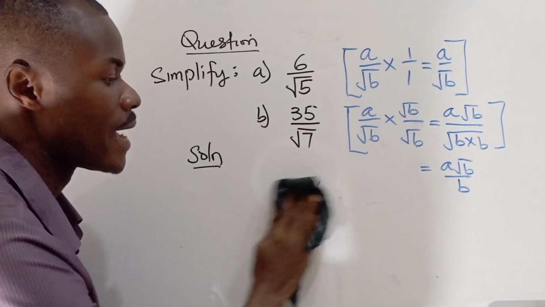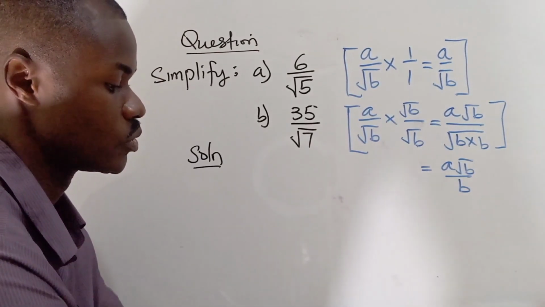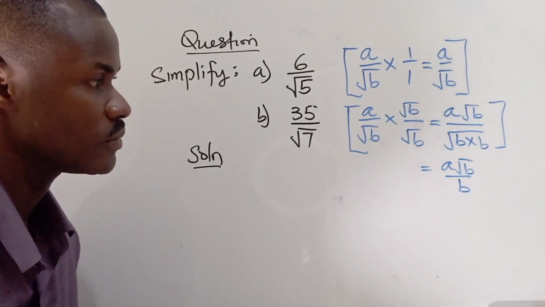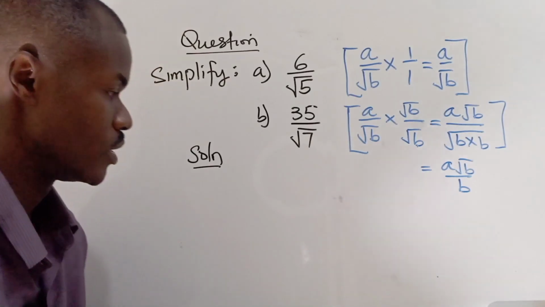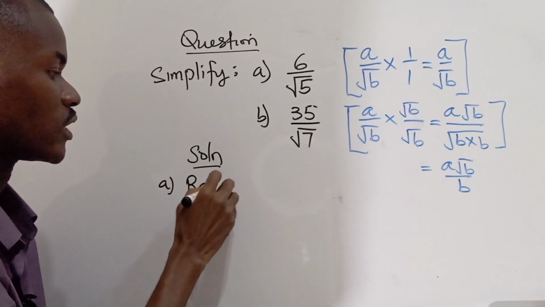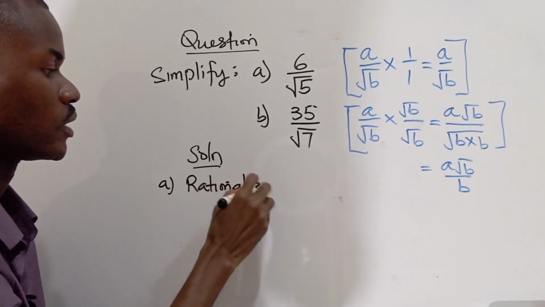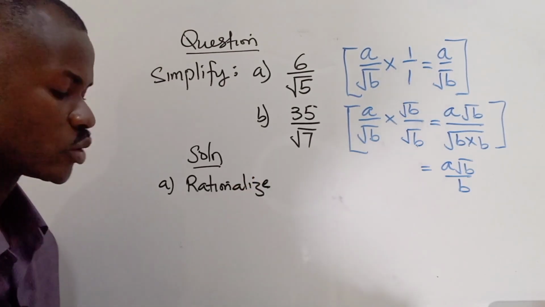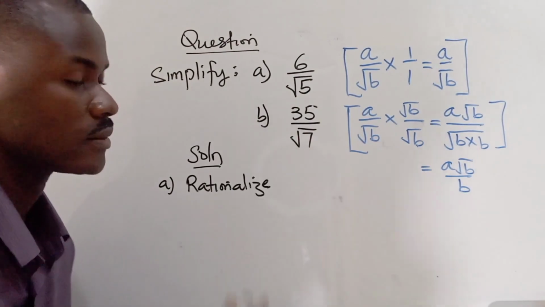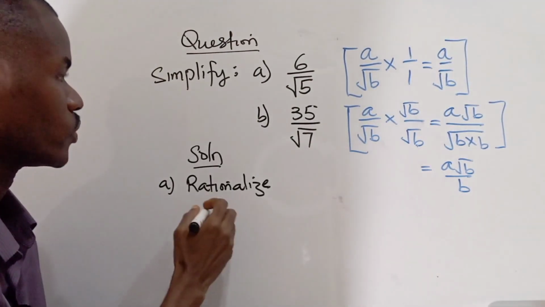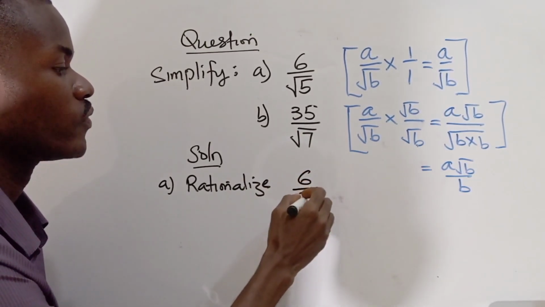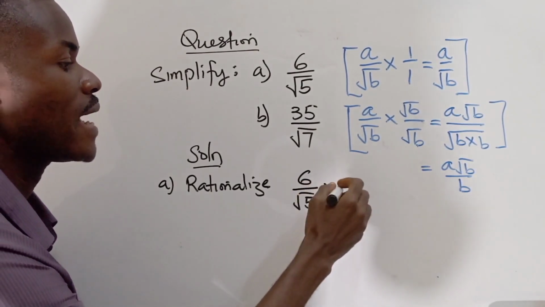So now let's apply this understanding to be able to solve this basic problem. Now, when you do this in surds, we'll call it rationalizing. So we want to rationalize this and this. So let's start with the first one. So for the first one, we have 6 divide root 5 to multiply.